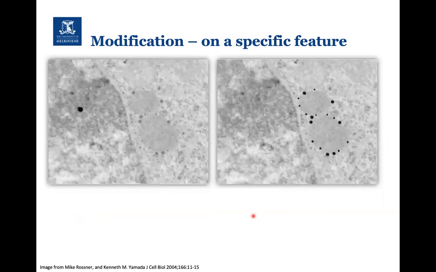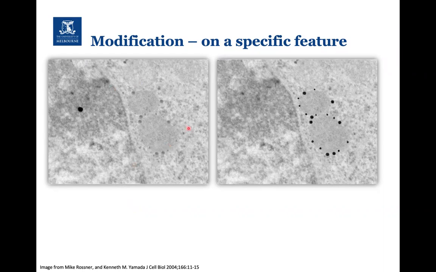Next, we've got an electron microscopy image. The raw image is here on the left-hand side, and what the group has done is detect some proteins they're interested in using an antibody. In electron microscopy, you don't use a fluorophore attached to the antibody, but a gold nanoparticle, which absorbs the electrons very strongly and will give you a very dark signal.